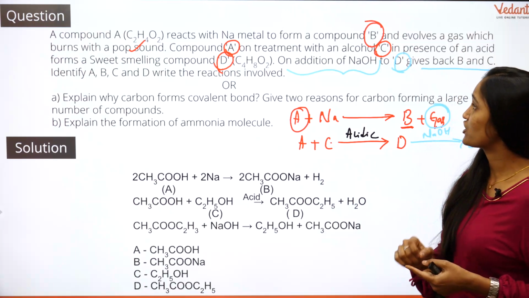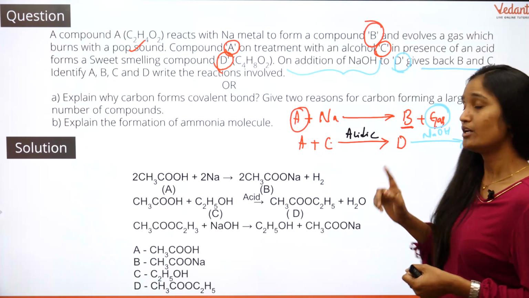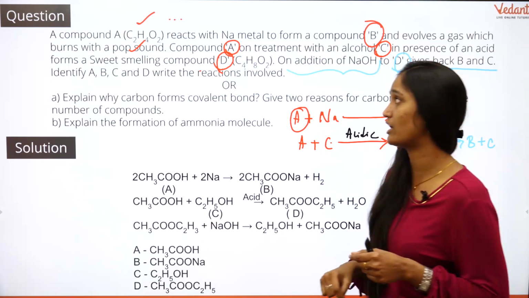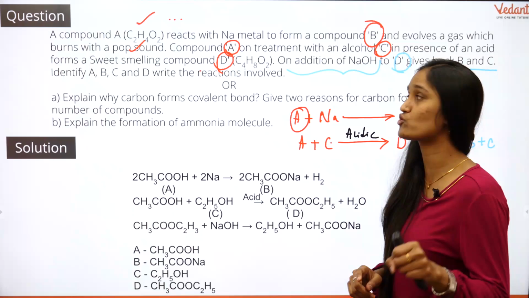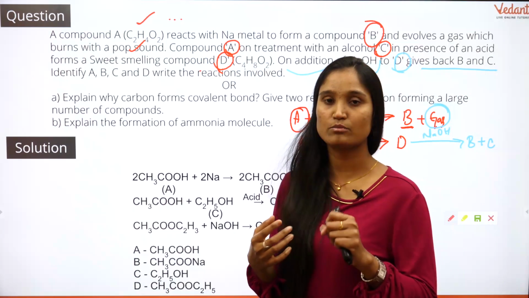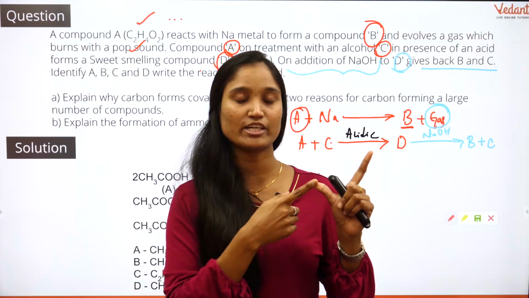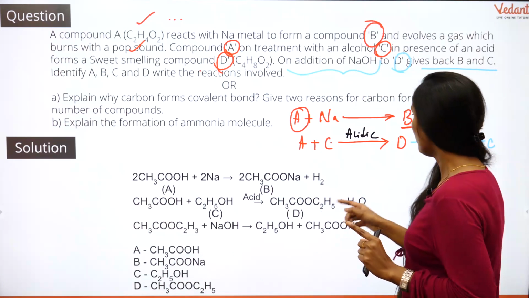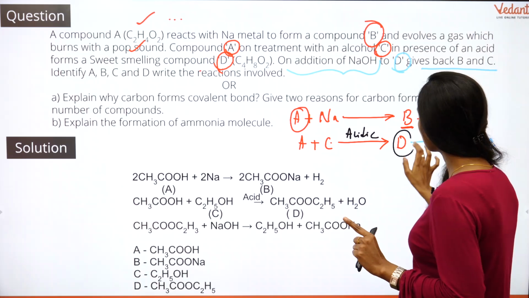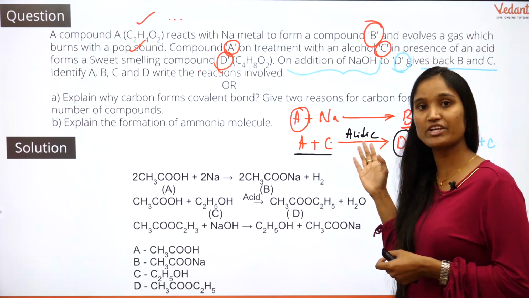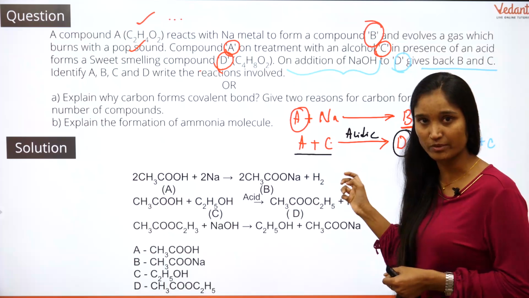No identification as such is given, but you can make a guess from the molecular formula of the compound, C2H4O2. Because it has O2, according to our syllabus, it could be either an acid, or an aldehyde or ketone. But because it is involved in this particular reaction, which is called esterification, giving you a sweet smelling compound D.